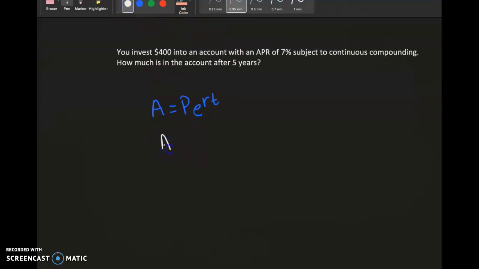So we're going to have A equals your initial amount, which was $400, times e to the power of 0.07 times 5. Go ahead and plug this into your calculator now and see if you get what I get. I plug it in, I get $581.9965 and so on, so I'd have to round up to $582.